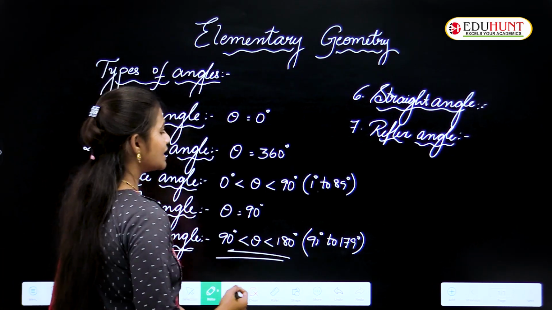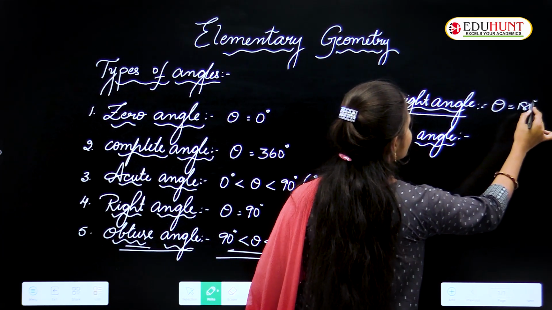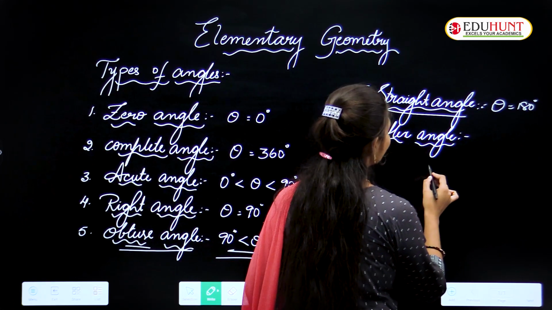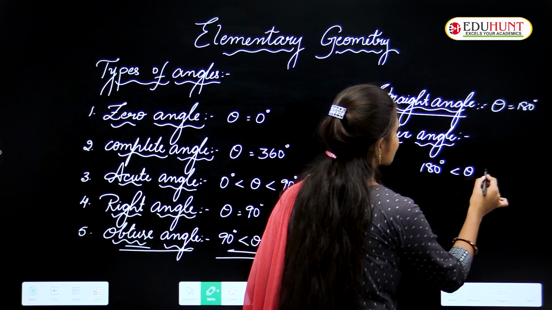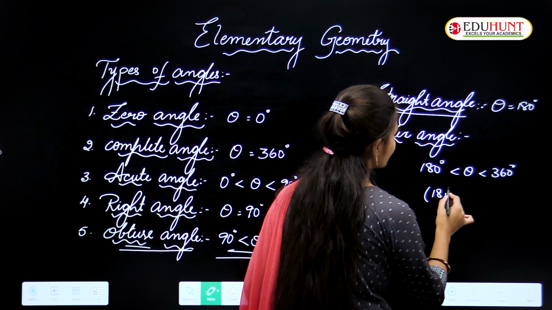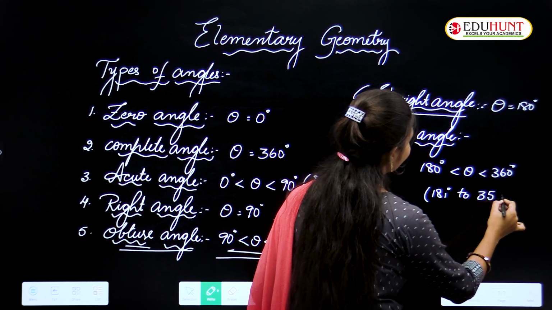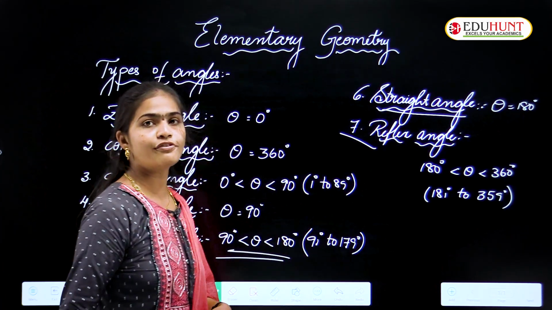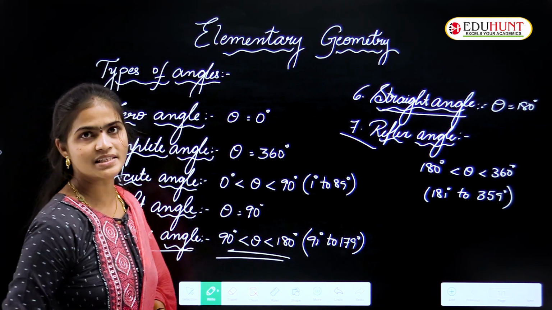After that, straight angle means theta measures exactly 180 degrees. Next, reflex angle means the angle which lies between 180 degrees and 360 degrees. So here we can consider 181 degrees to 359 degrees, any such angle as a reflex angle. So these are all the types of angles and their measures.